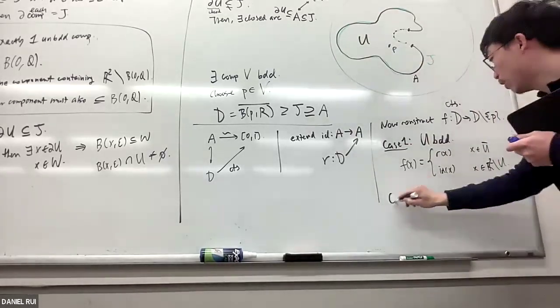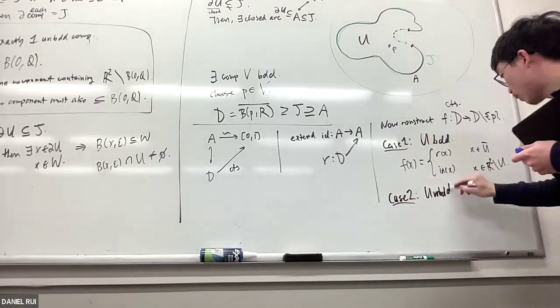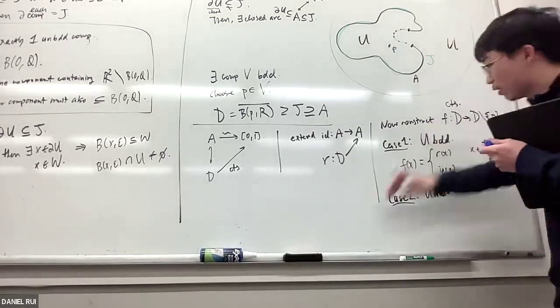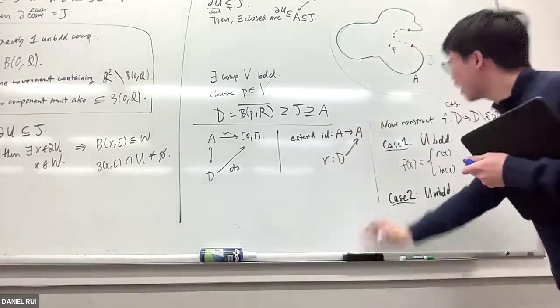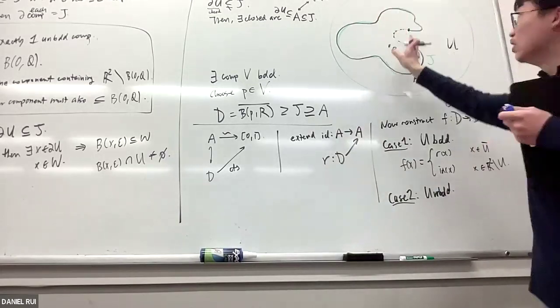But all of that was retracted to A. And a similar thing holds with U unbounded. Instead, if U is over here, now I just take it to be identity on U, and then in the complement of U, I take it to be a retraction to this thing.